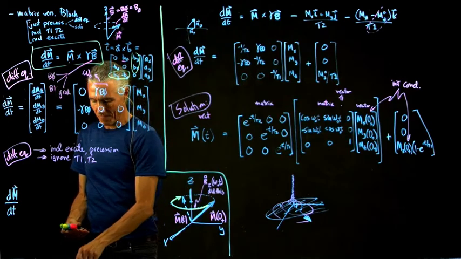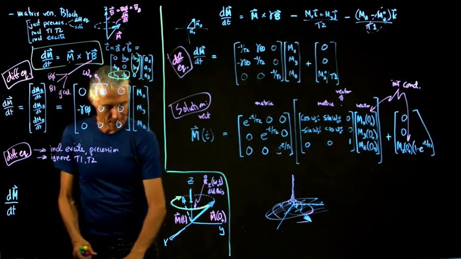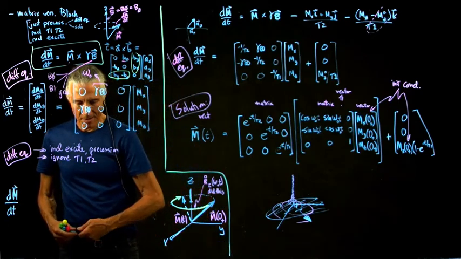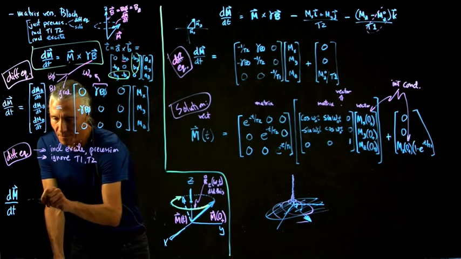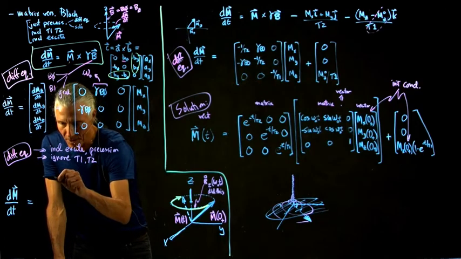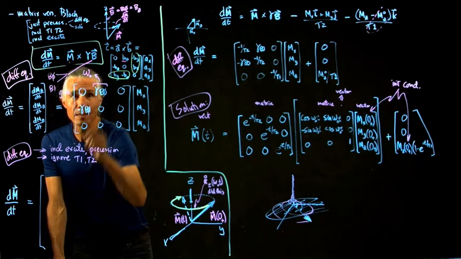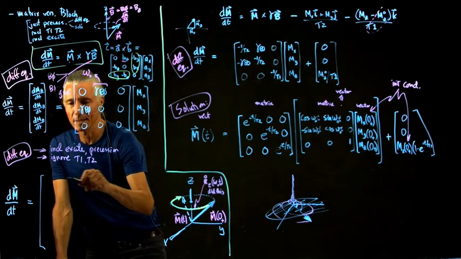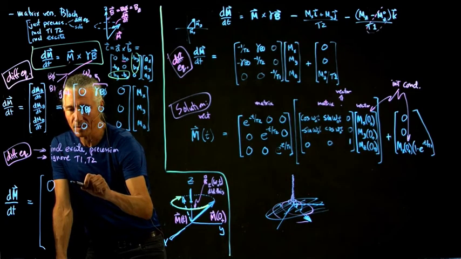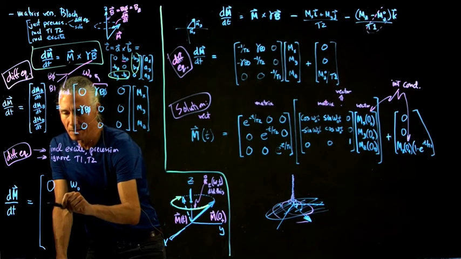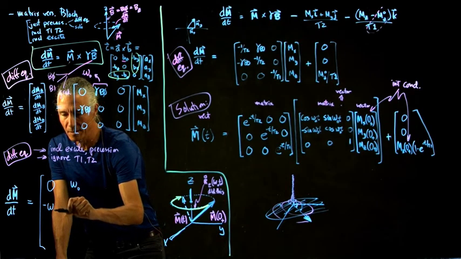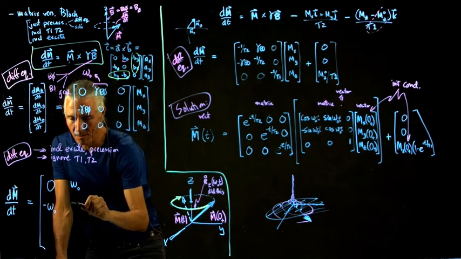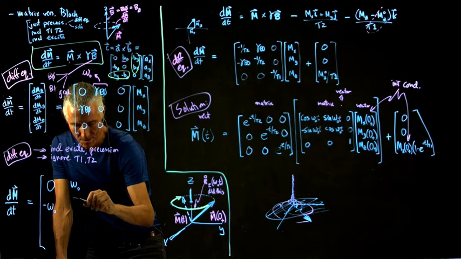So what does that equation look like? That matrix basically looks like this one. It still has this part of the matrix, minus omega 0. Omega 0 is the same thing as gyromagnetic ratio times B0. So that part is still there.